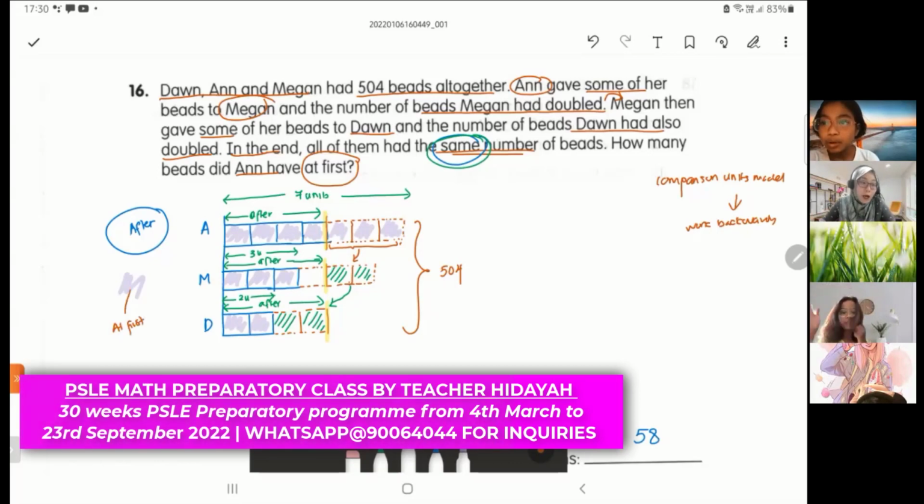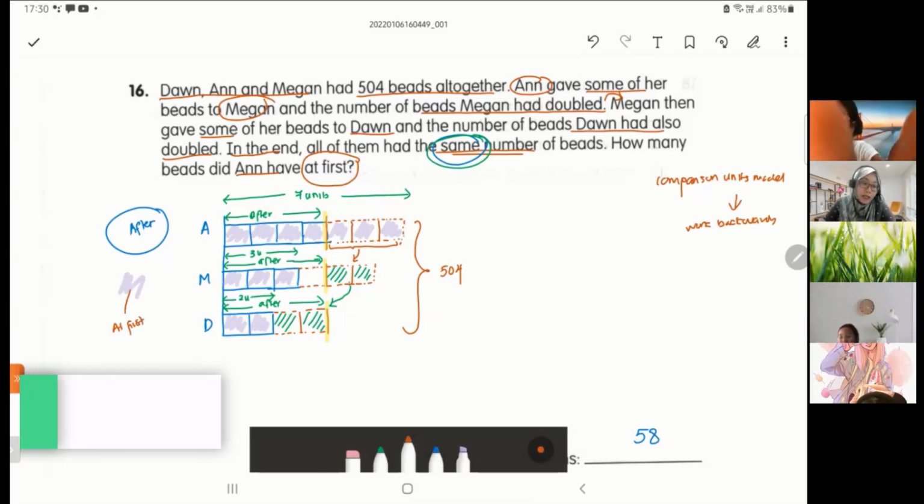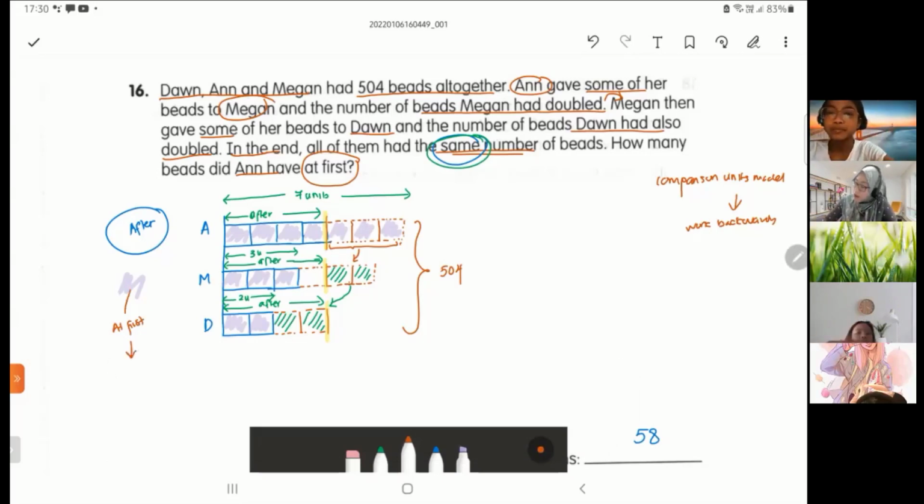Now the total number of beads in units at first will be 7 plus 3 plus 2 equals 12. So this 12 units at first is actually 504. 12 units is 504.